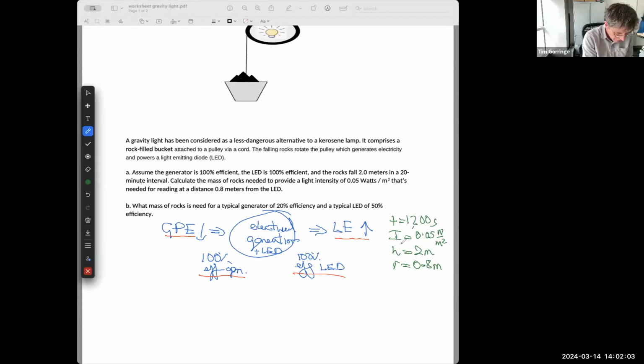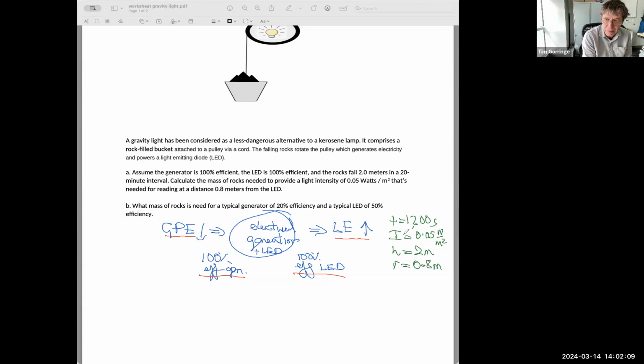We want the intensity of the light to be 0.05 watts per square meter. Remember that intensity is the number of joules per unit of time per square meter of area. So this is 0.05 joules per second per square meter, 0.05 watts per square meter.